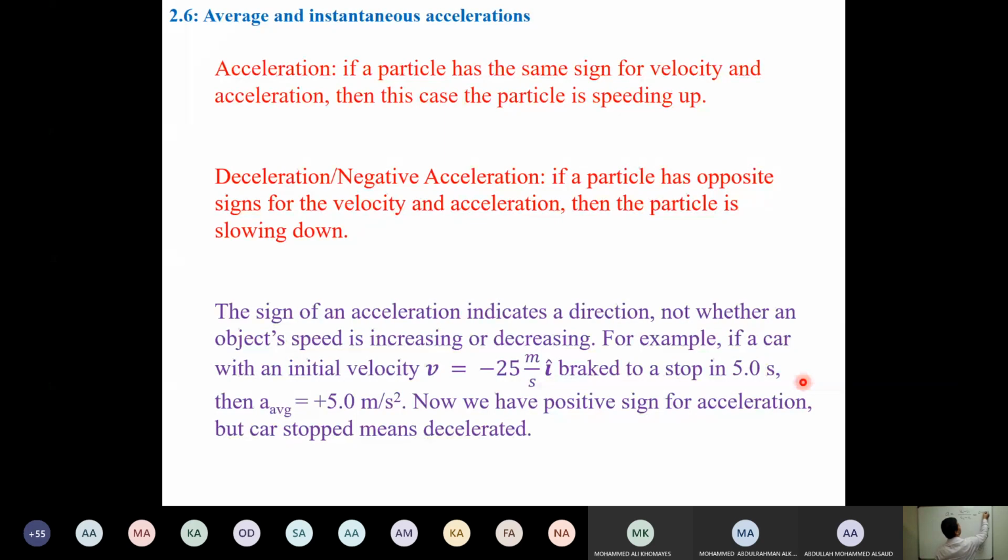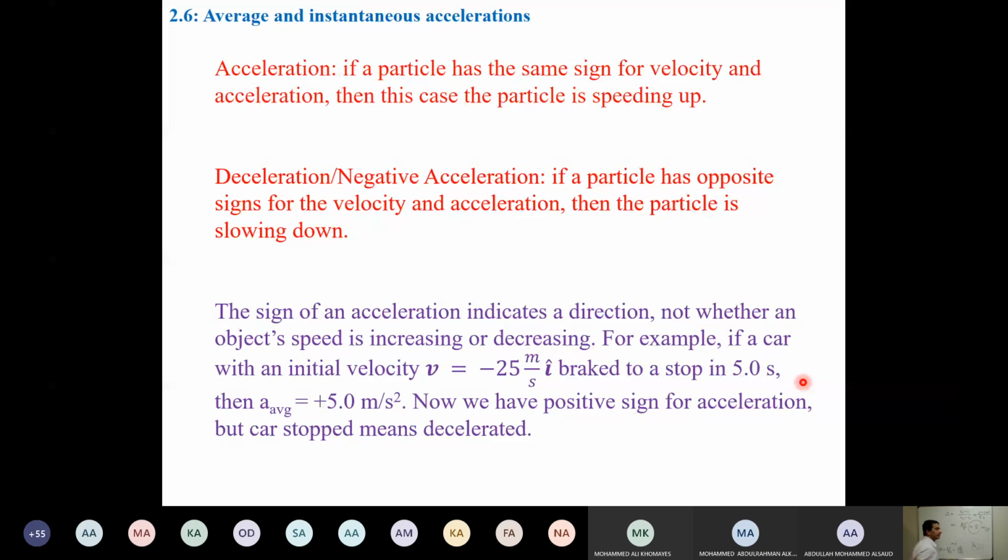And then the initial velocity is minus 25. And we already know that the time interval is 5 seconds. So here we apply that. Negative times negative will become positive. So it will be 25 divided by 5, and the answer is 5. And here you see that it is 5 meters per second squared.